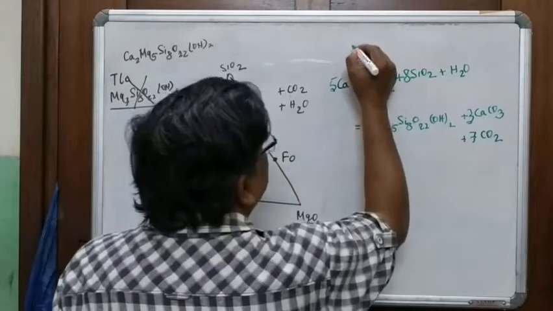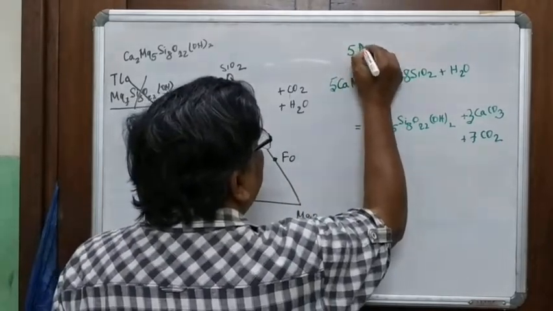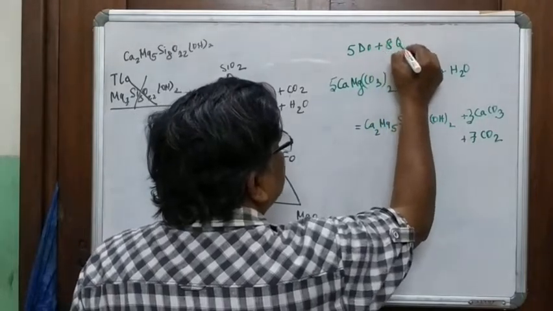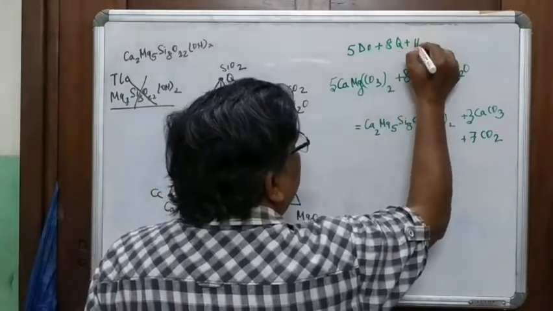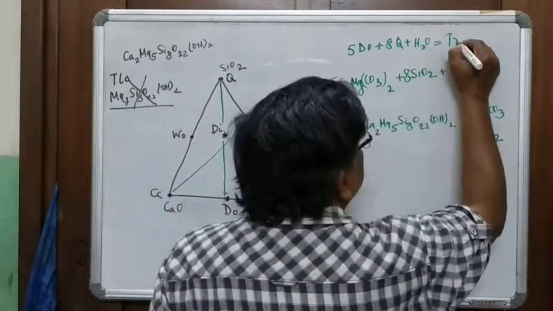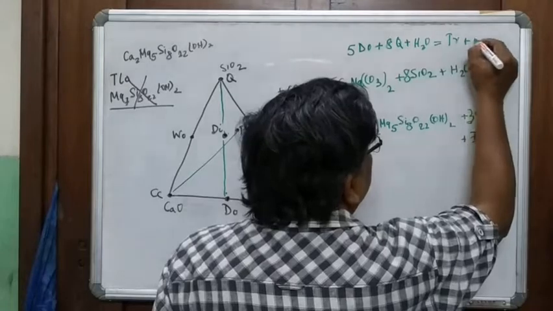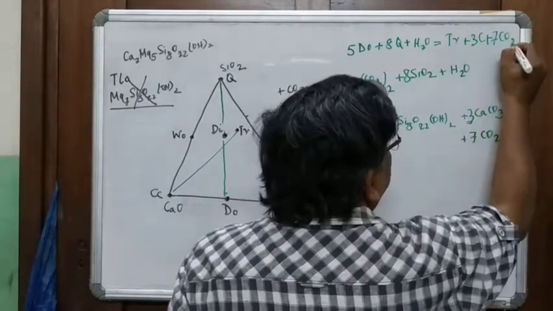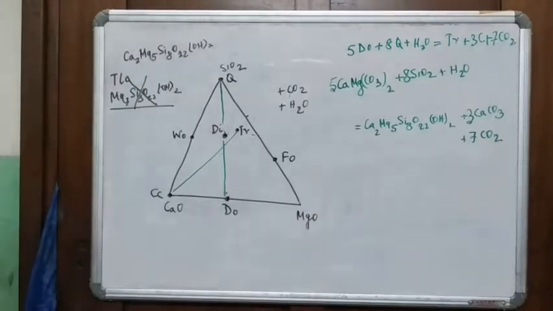So we have essentially 5 dolomite plus 8 quartz plus H2O is equal to tremolite plus 3 calcite plus 7 CO2. That's the reaction.